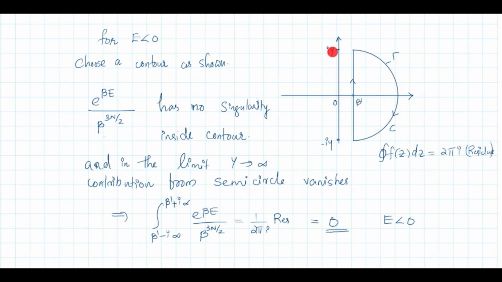But in the limit y tends to infinity, we can show that this semicircle contribution will vanish, and we can say that the integral from beta prime minus i infinity to beta prime plus i infinity of e raised to beta E divided by beta raised to 3n by 2 is 1 by 2 pi i into the residue, and that is nothing but 0. So for energy less than 0, you obtained the value as 0.